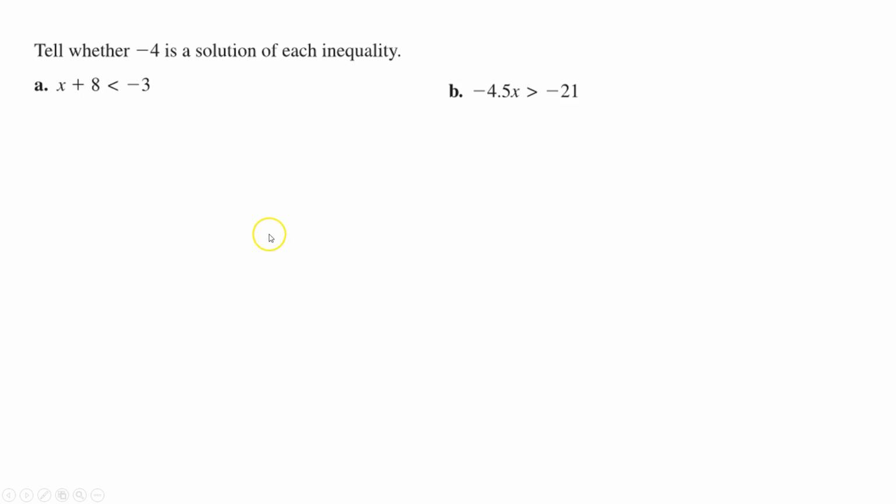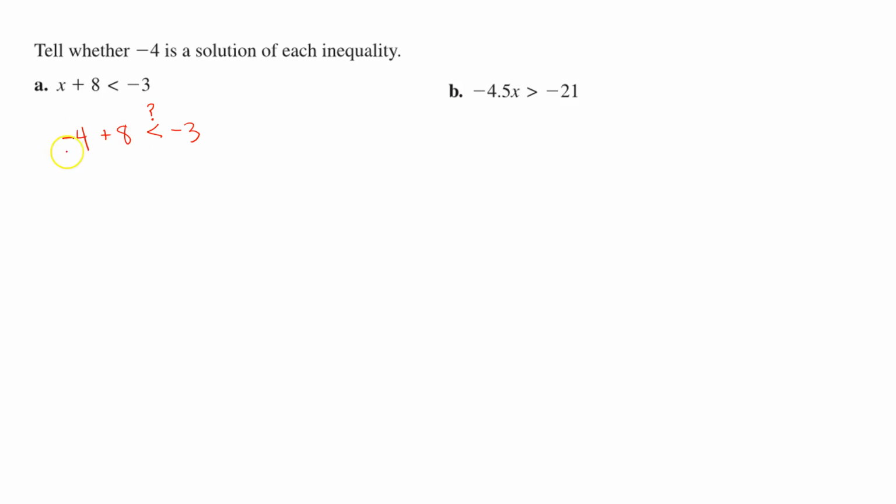All right, let's check whether -4 is a solution of each inequality. So for a, x plus 8 is less than -3. We shall plug in -4 for x and find out. So -4 plus 8 is less than -3? Is it? -4 plus 8, see there's more positives.